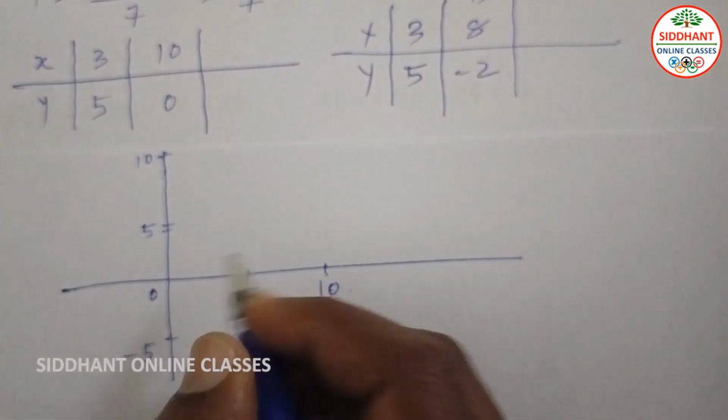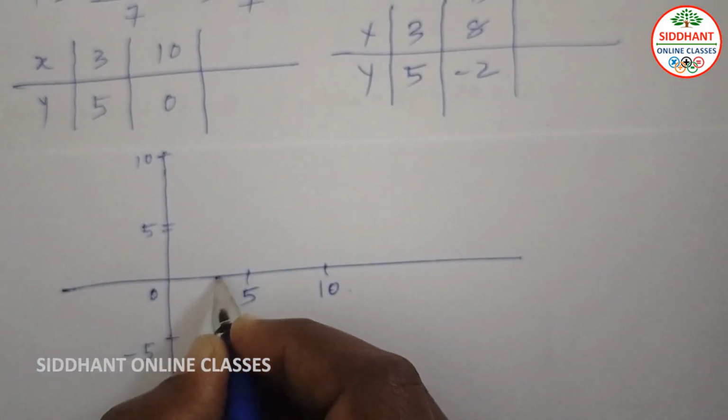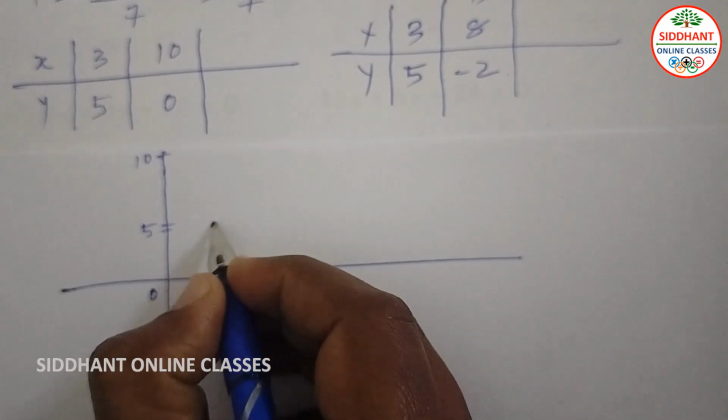Now the first one is 3, 5. So when x is 3, y is 5. Here you are going to see the point.